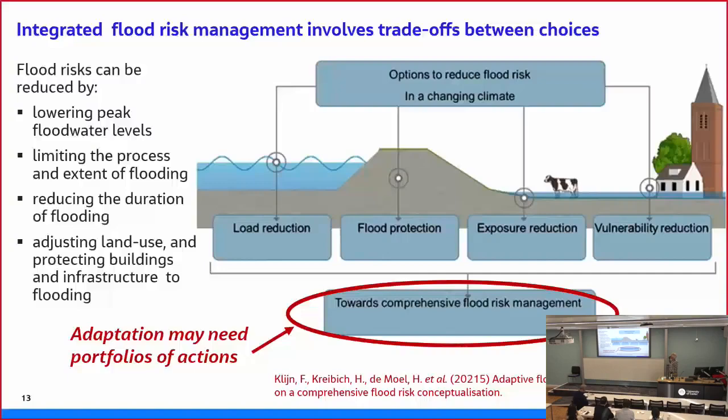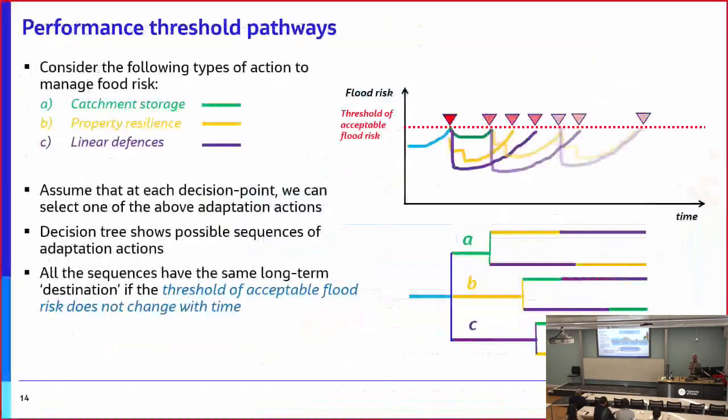But I think the person that drew this diagram reminded us that there is residual flooding, that even though you've got flood embankments, you can still experience flooding. That's why that poor cow is standing there with very wet feet. And essentially adaptation may need a mix of different interventions. And the challenging question is, what is the best mix? What is the best portfolio of interventions?